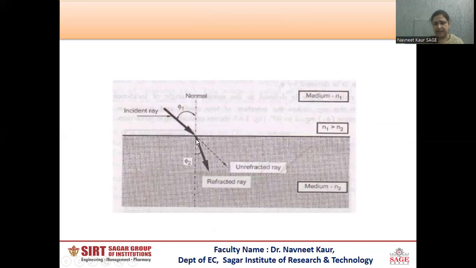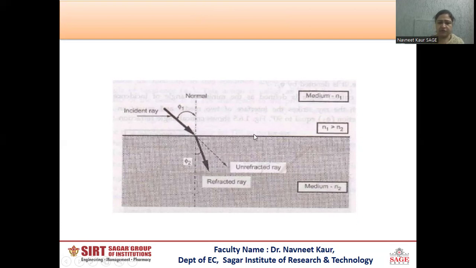Here we can see that the light ray changes its direction when it comes into the second medium. It does not take the straight line, rather it is bent when it moves into the second medium. The angle between the normal and the refracted ray is the angle of refraction, which is denoted by phi2.